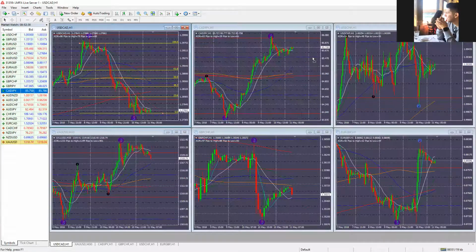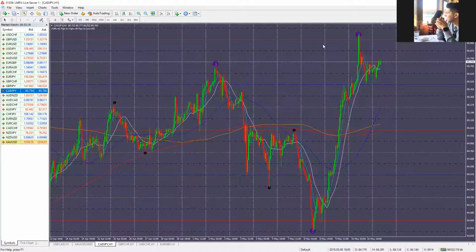CAD JPY. All right, so I can notice the 3, it rejected off of the 0.0. Right now it's around the 750 area, which is where resistance is at. So definitely if this goes down, it's at resistance right now.